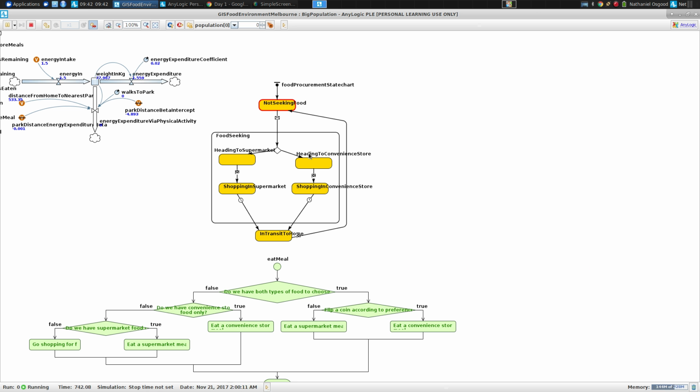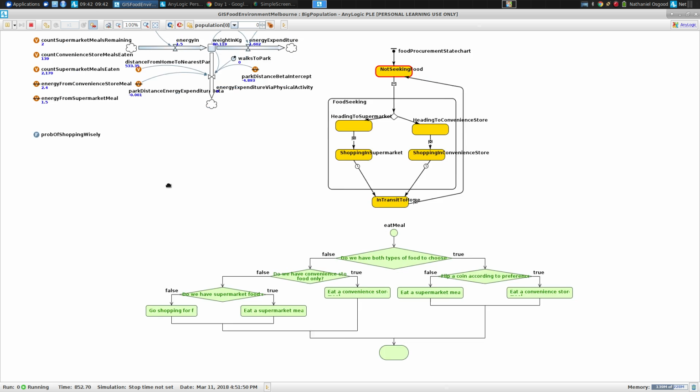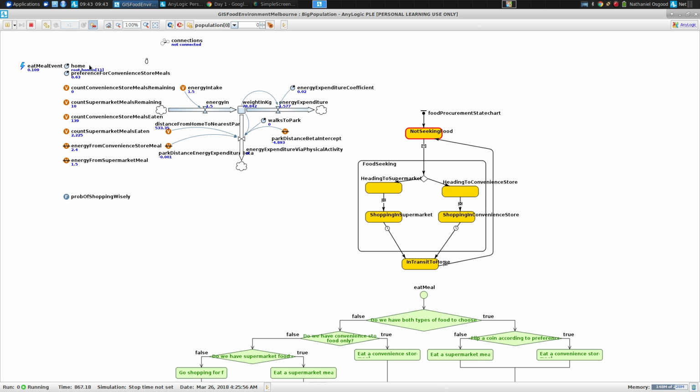Logic associated with food seeking, with decision making, with behavior, with, in fact, physiological change on the parts of individuals. So, for example, we'll see here an individual depicted who has a certain home, who has a certain preference for Tim Tams, and who has a certain weight at a given time.